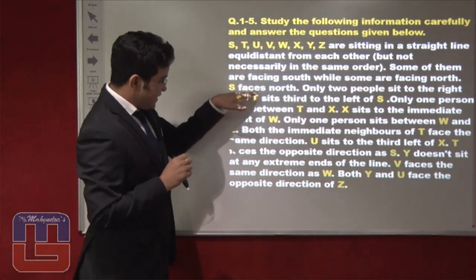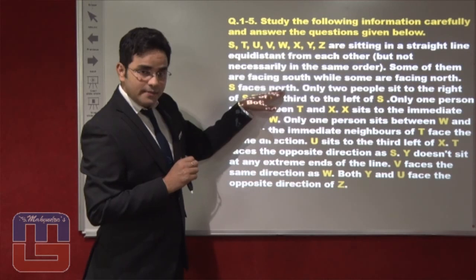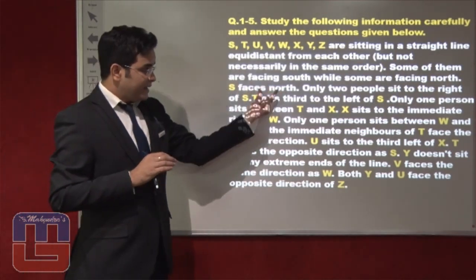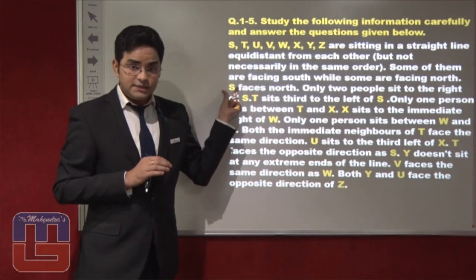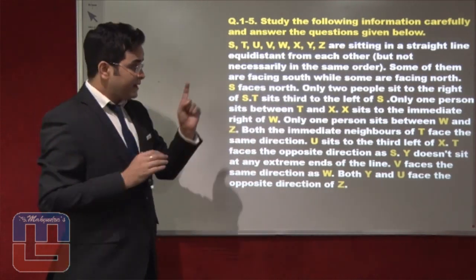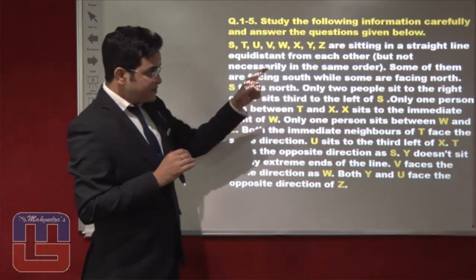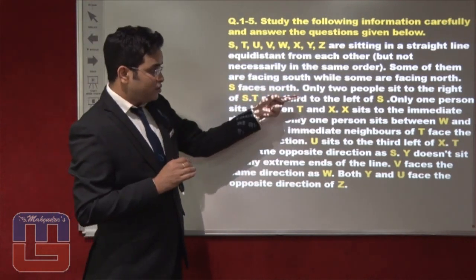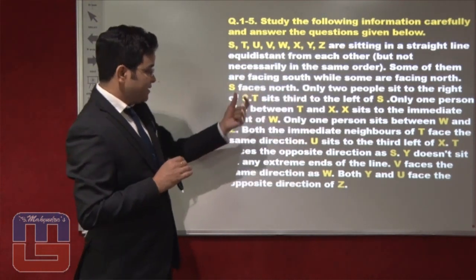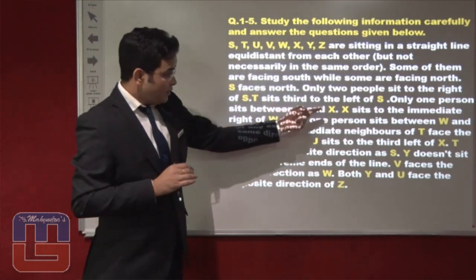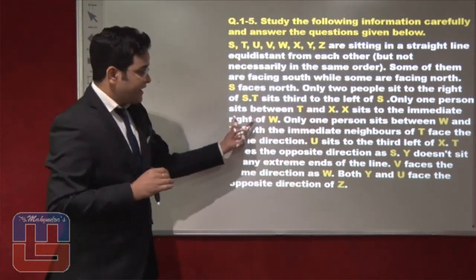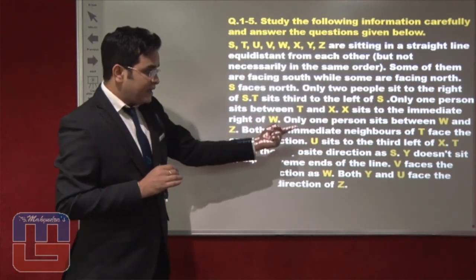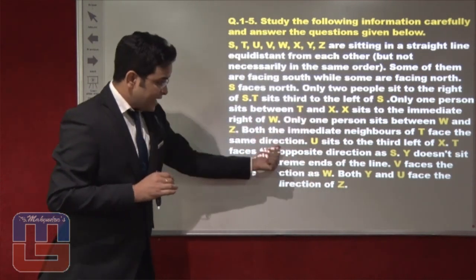Next one: S faces north direction. It is clear. Only two people sit to the right of S. T sits third to the left of S. Only one person sits between T and X. X sits to the immediate right of W. Only one person sits between W and Z. Both the immediate neighbors of T face the same direction.